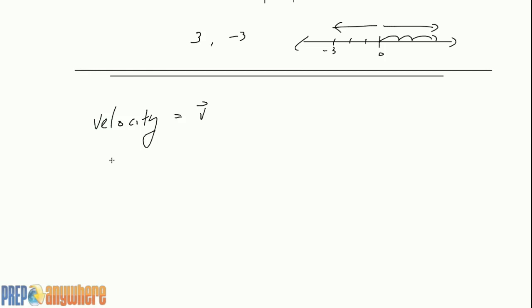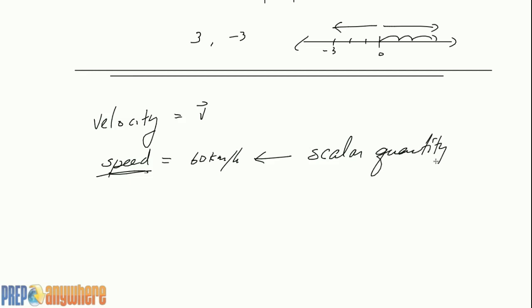What is it? Speed. That's right, speed. If you use the word speed, usually you say speed is 60 kilometers per hour, right? You know how fast it's going, but do you know which direction you're going? This is what we call a scalar quantity. The word scalar is very similar, almost equal, to magnitude.